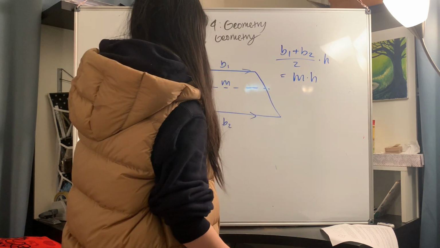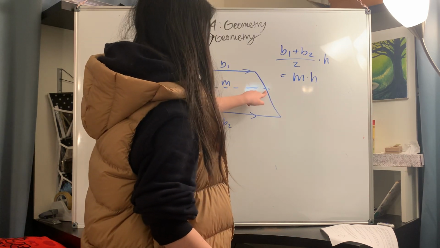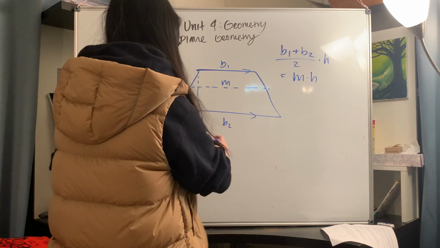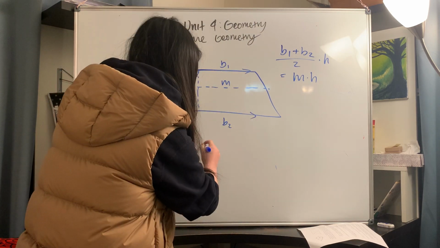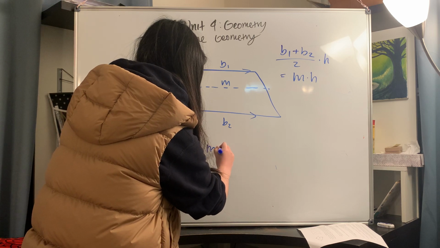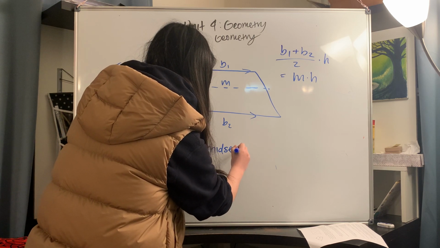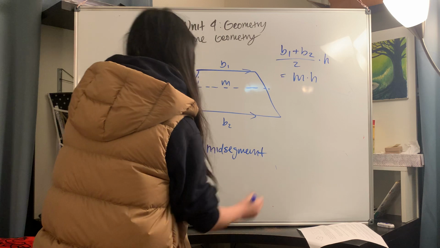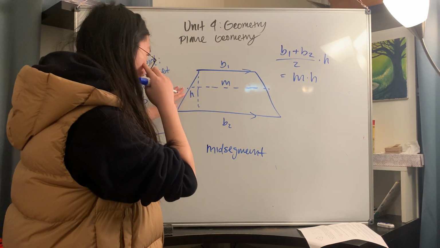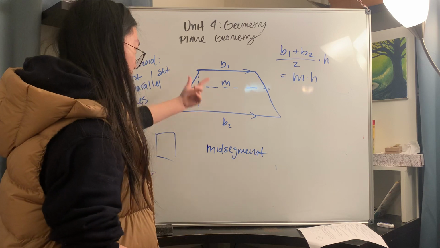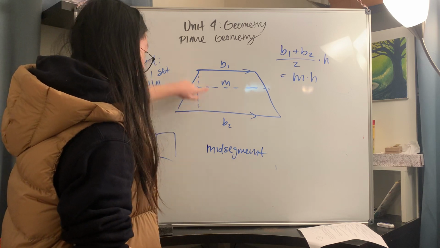So m over here, this line that I drew through the middle of the trapezoid, is called the midline, I believe. Mid-segment, sorry. Yeah, midline seemed a little simplistic. This is called the mid-segment of the trapezoid. And the mid-segment of the trapezoid, first of all, it's parallel to the two bases.